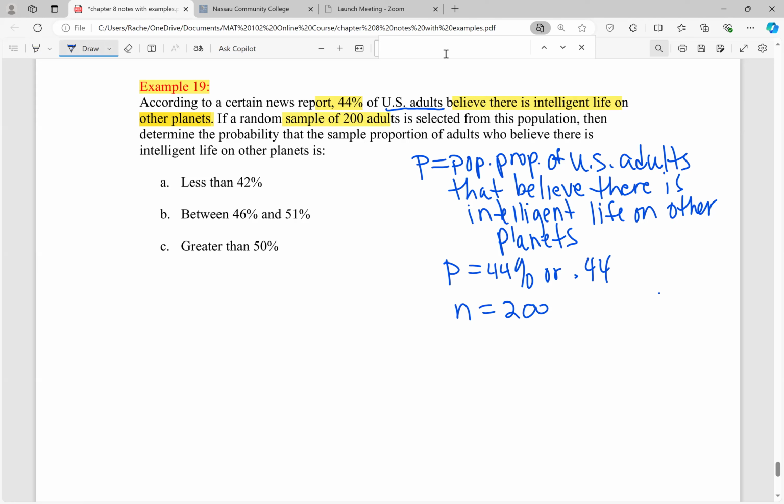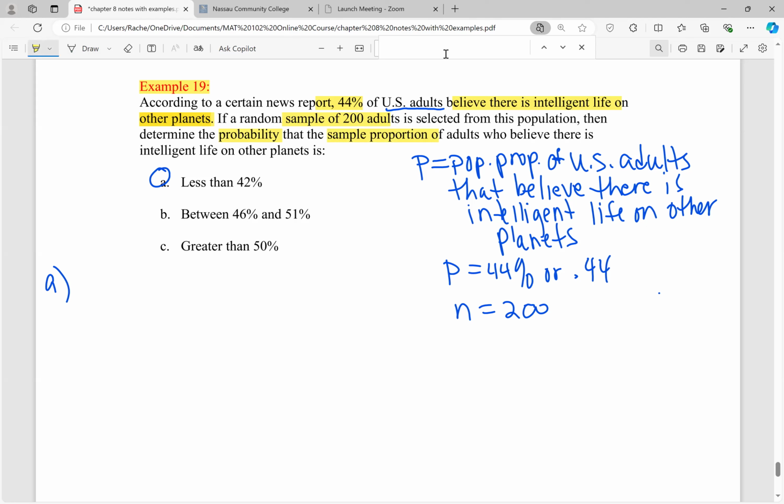And we want to determine the following. A, what's the probability that the sample proportion of adults who believe there is intelligent life on other planets is less than 42%? So let's put this sentence in English right into mathematical notation. So we're interested in the probability that the sample proportion, which is P hat, right? Because it's a proportion coming from that sample of 200.